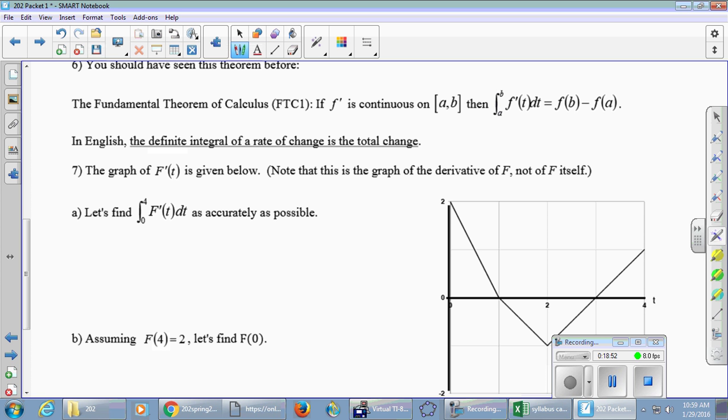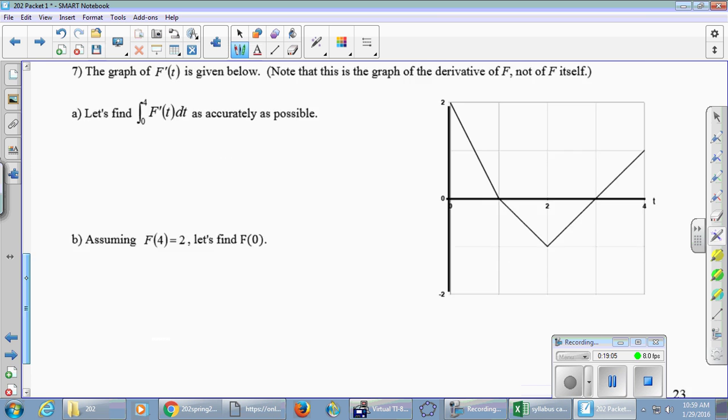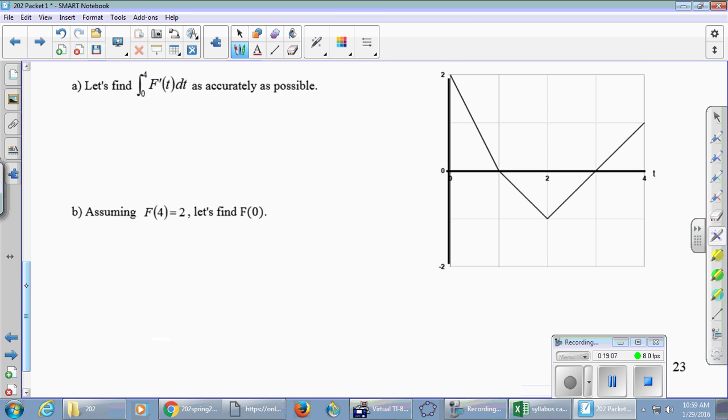Let's see it in play in this picture here. The graph of f prime is given right there. Part A says we're going to find the integral from 0 to 4 of f prime of t dt as accurately as possible. So that symbol we know represents area. So we're just going to briefly shade in the area that we're looking for, 0 to 4 between the curve, which happens to be piecewise linear, and the x-axis.